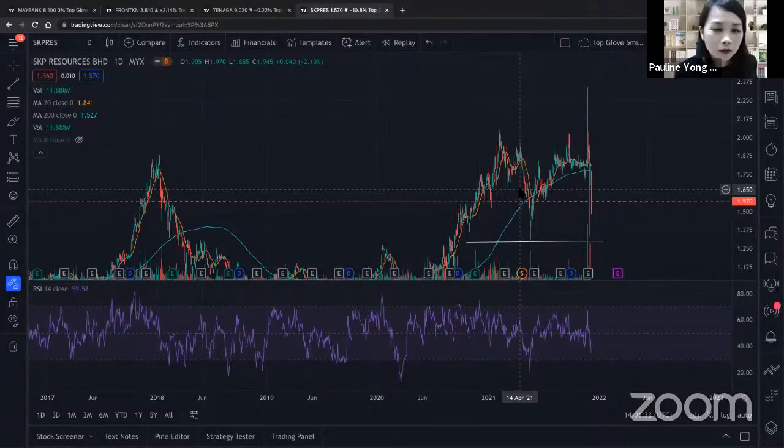Then one day it is no longer supported by 8 ringgit. It breaks that 8 ringgit and goes to 7.80. If you already hold this share, won't you feel scared and nervous, and want to sell? So psychologically, every time it is supported, you feel safe and hold on to it. But once you find that it is no longer supported, you feel scared and want to sell.